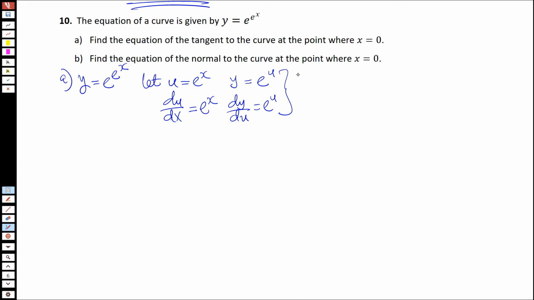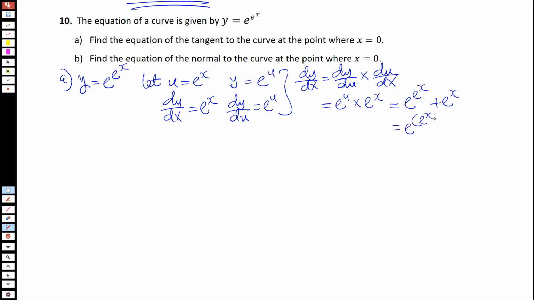If we put these two results together, dy over dx will be equal to dy over du multiplied by du over dx, which is e to power u multiplied by e to power x. That is e to power e to power x times e to power x, and this simplifies to e to the power of e to power x plus x. So this is dy over dx.